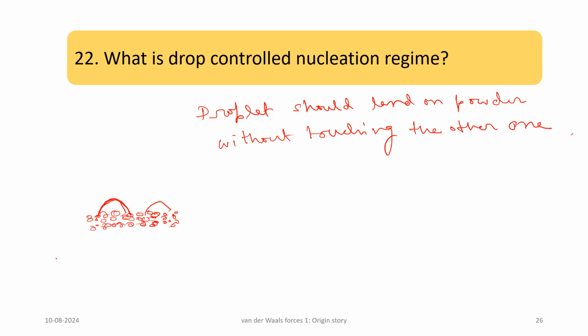Suppose these are two droplets. They should not touch each other. This one is the powder. This is the first condition.